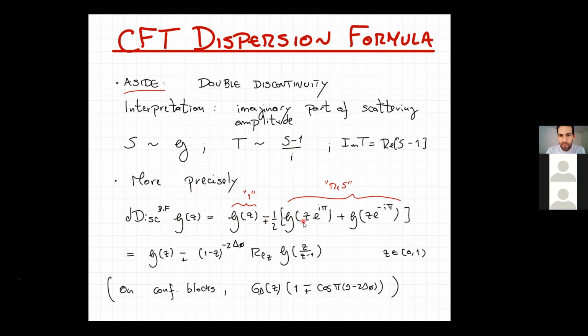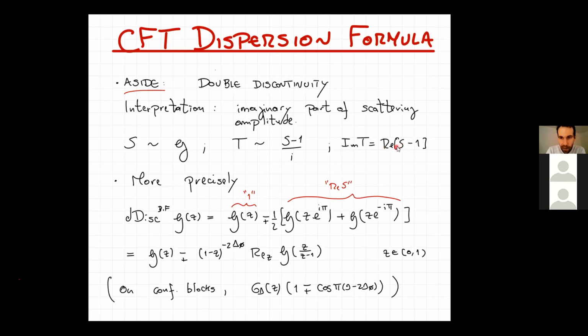And then here, this is the real part of S, okay? So this is where you take Z negative. You need to rotate Z to the negative axis, and at that point, G has a cut, and so this computes the real part along that cut. So the double discontinuity is defined as this operation. And again, it comes from analogy with this.